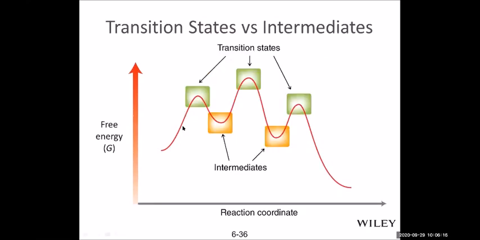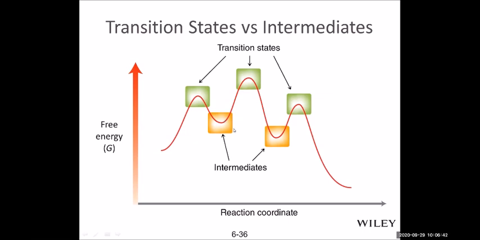And so this is a three-step reaction mechanism. You can see there are three transition states because there are three steps, and there are two reaction intermediates. This is the first reaction intermediate, and it is not stable.